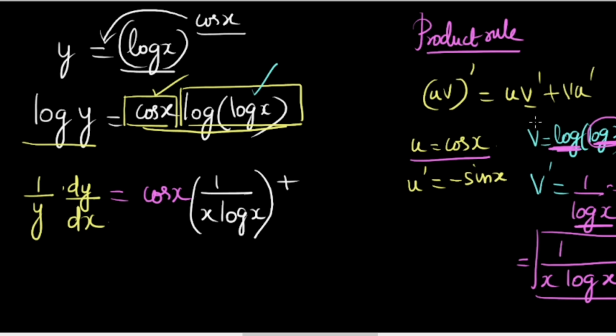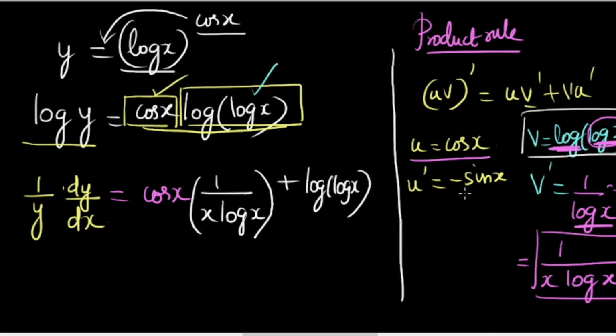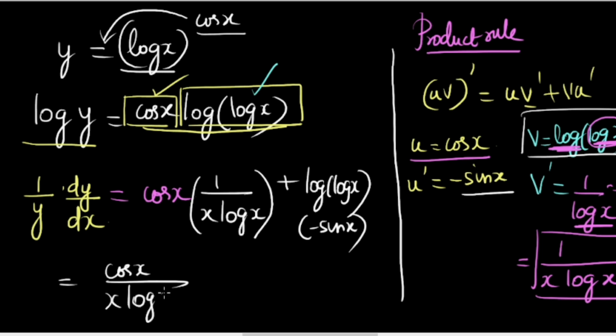So v is here log of log x, along with that we put our u dash, which is minus sin x. So basically we have a minus sign between. Let's rewrite them: cos x over x log x minus sin x times log of log x.